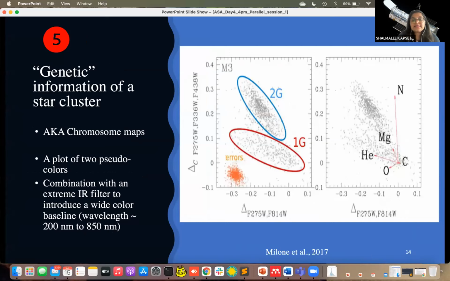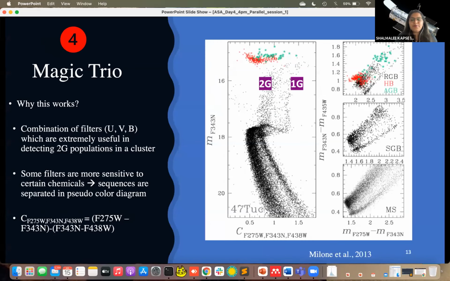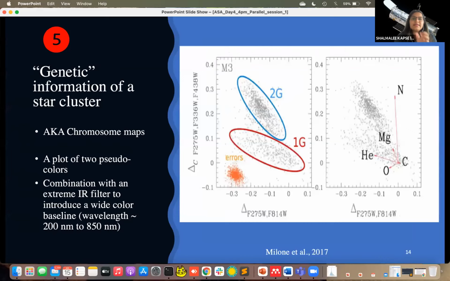And the last technique that I also use in my research is the chromosome map, which is just a plot of two pseudo colors. One difference between the previous magic trio filter combinations and this chromosome map is that chromosome maps include the wide baseline color.